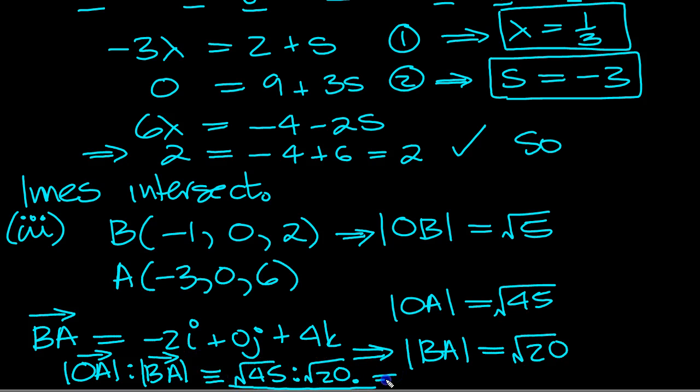Okay, so this one here, 45 is 9 times 5, so it's 3 root 5. And this one is 2 root 5, isn't it? When we simplify that, the root 5s will cancel, and it's simply the ratio of 3 to 2.